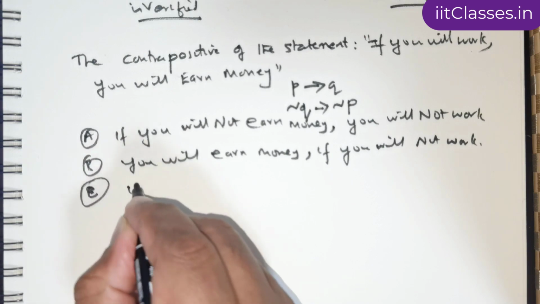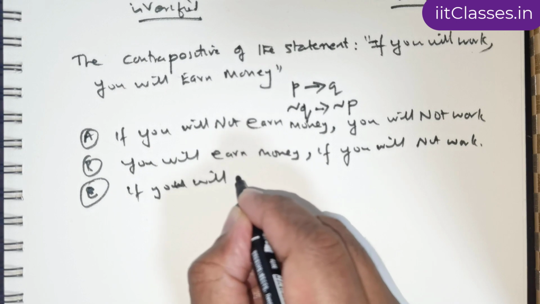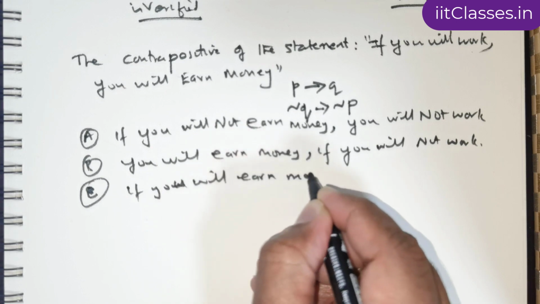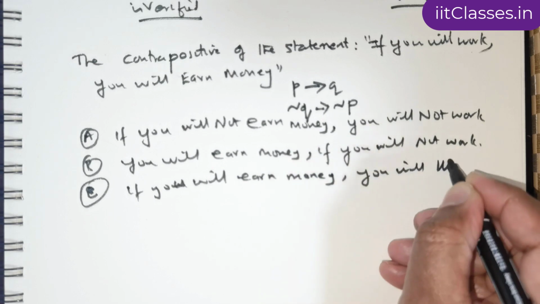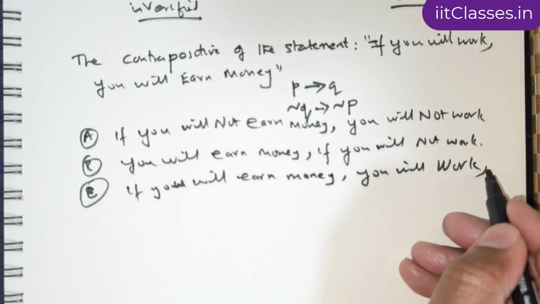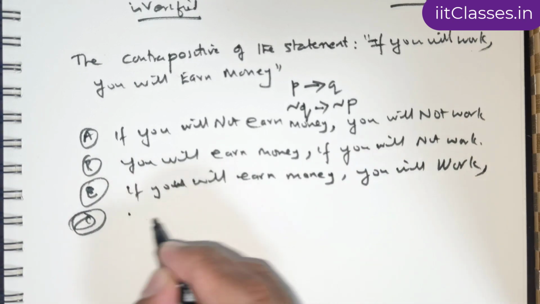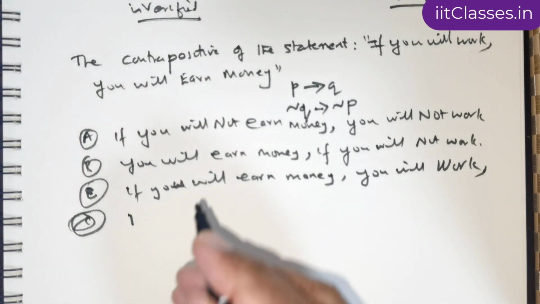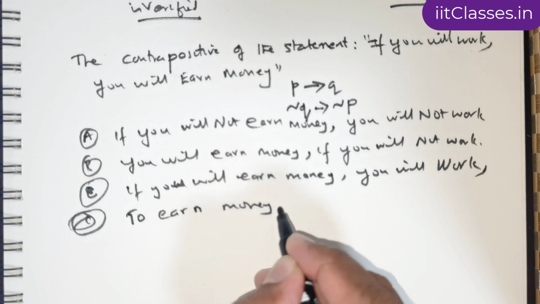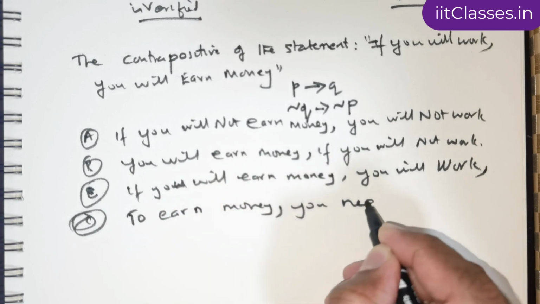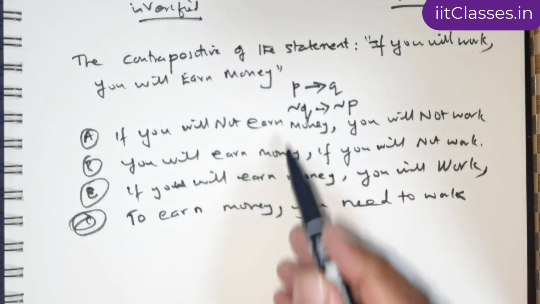C, if you will earn money, you will work. Number D, to earn money, you need to work. Okay, now negation.